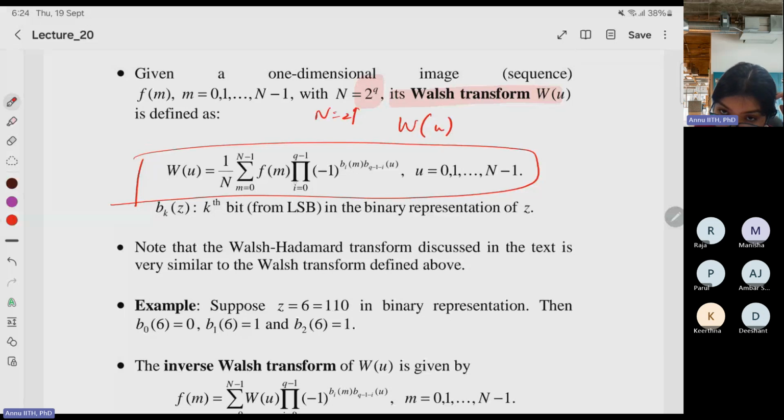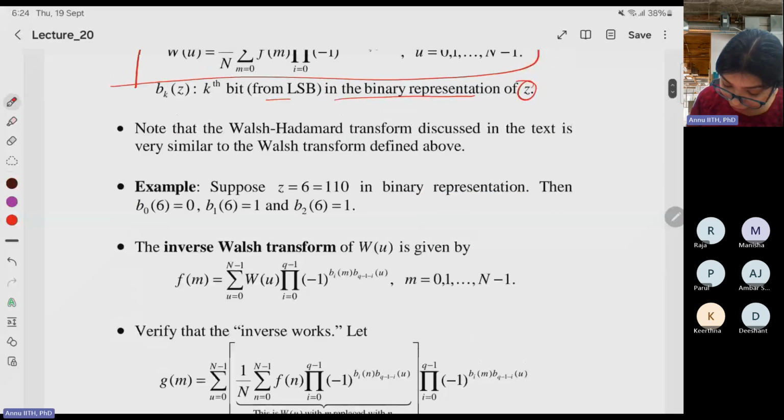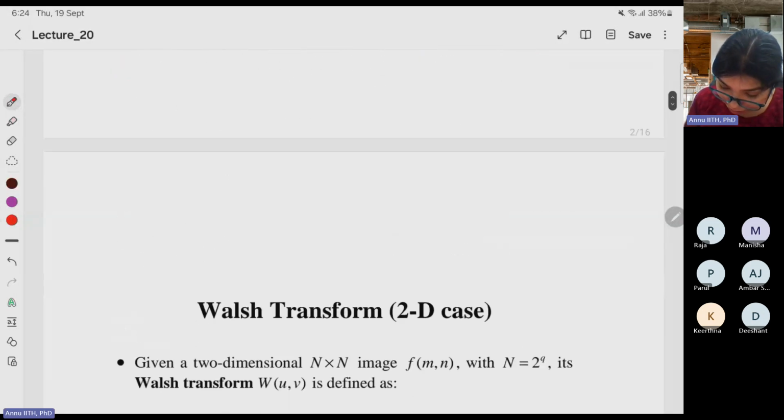Based on even or odd, it will multiply and finally sum over every f of m, where b sub k of z is the kth bit from the LSB in the binary representation of z. I think that was not covered in the class, so I can skip this.